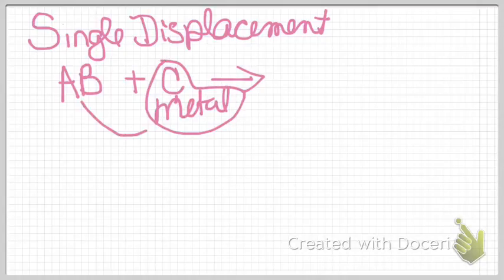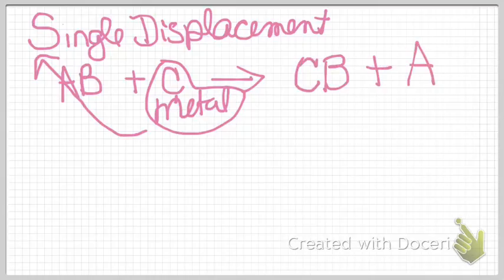It's going to take the positively charged one because it's in front. So you end up with CB, and it's kicking A out, so A ends up by itself.